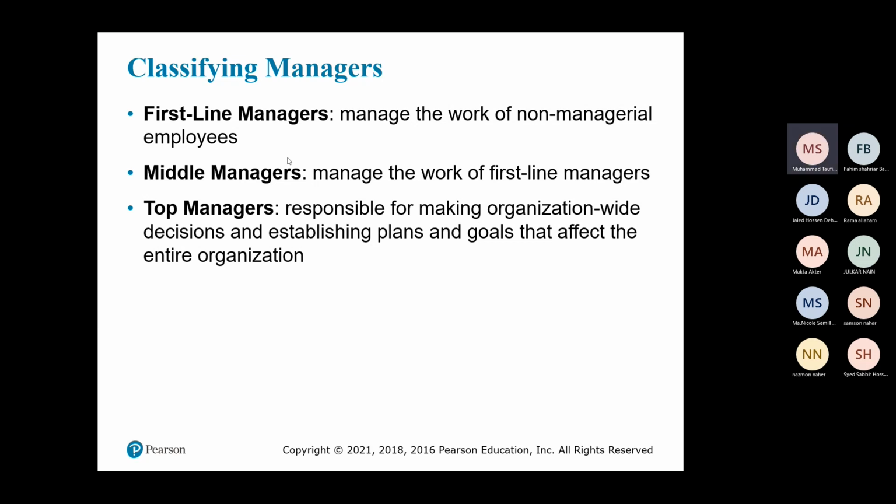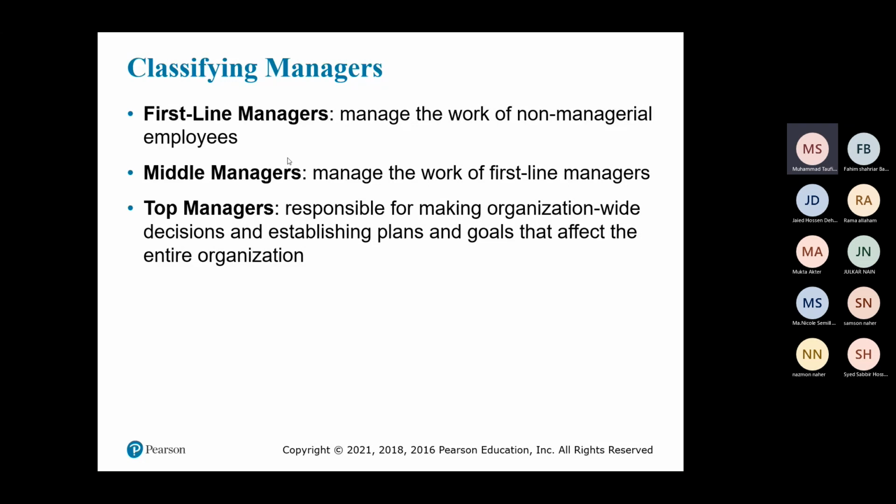What are the functions of top manager? When you come up to the top management level, at this point your job is not to manage your staff anymore. Your job is to manage the company or the organization.